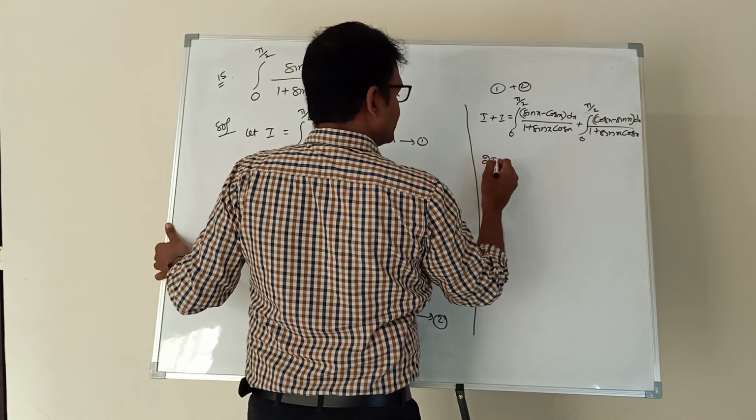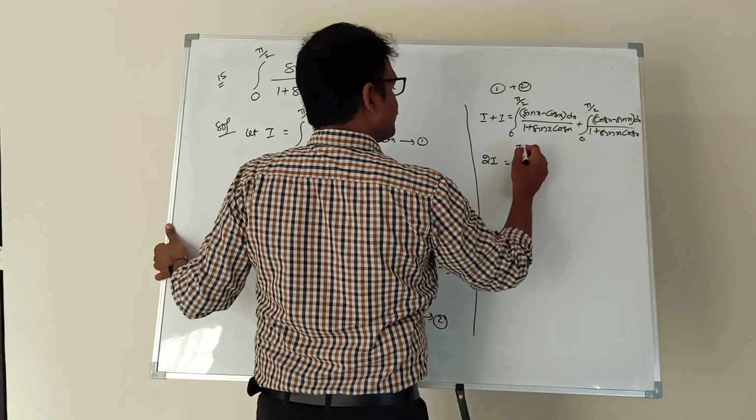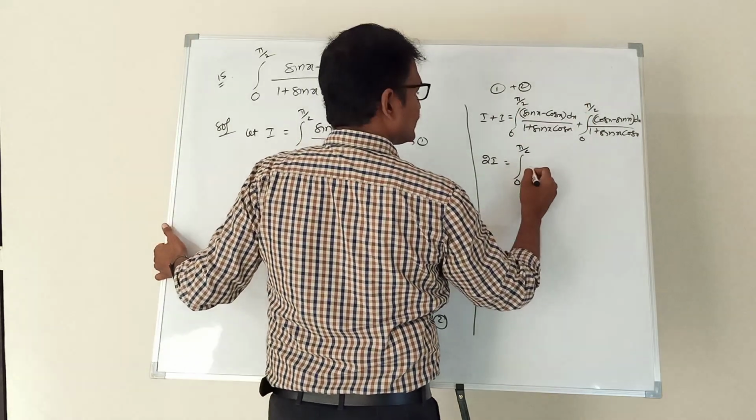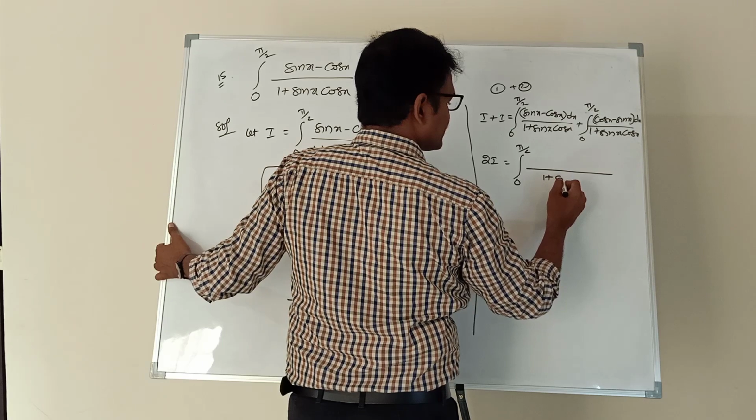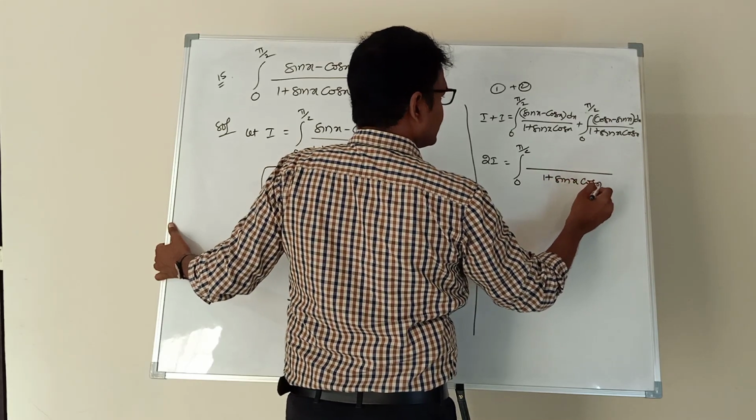So 2I is equal to the integration from 0 to pi by 2, which is common. If you take it common, the denominator is the same, 1 plus sin x into cos x.